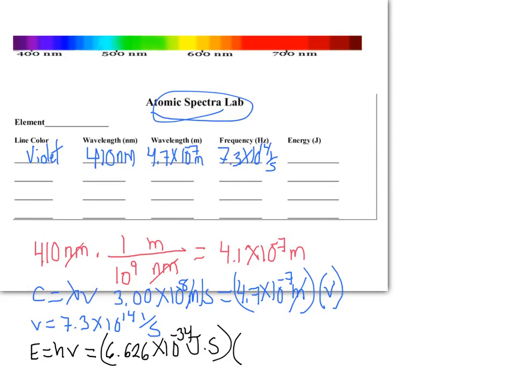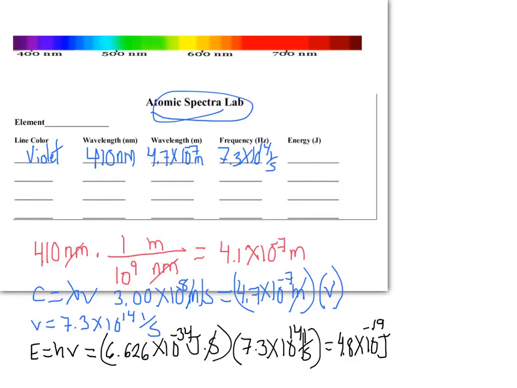Nu is my frequency, 7.3 times 10 to the 14, 1 over seconds. The seconds cancel, and you end up with joules, which are the units for energy, so that should make sense. The answer I got is 4.8 times 10 to the negative 19 joules.